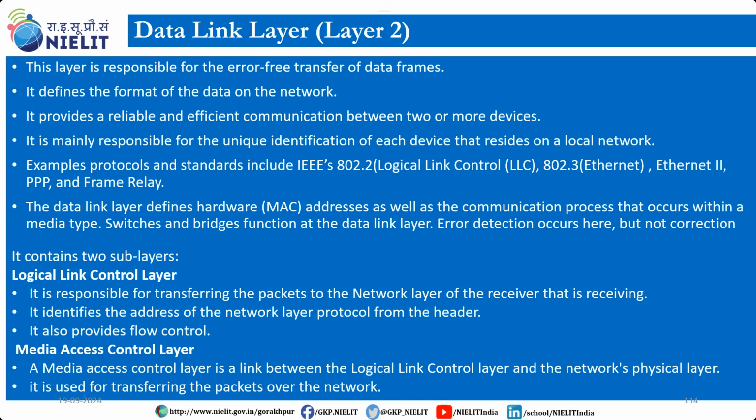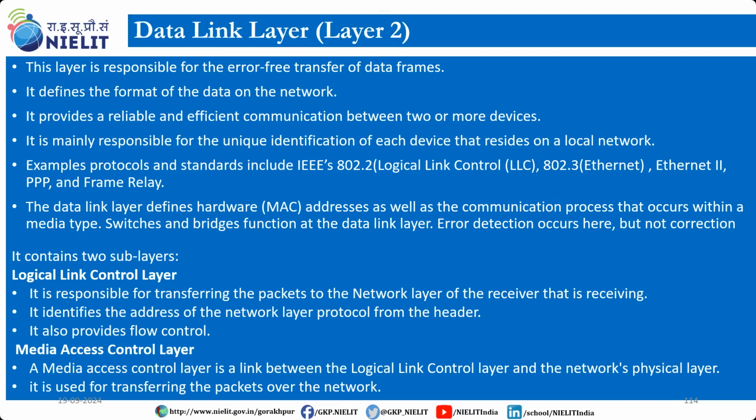There can be different types of protocols or standards at the data link layer, like Ethernet. Ethernet is basically part of the data link layer. Similarly, there are some other protocols like point-to-point protocol and frame relay.